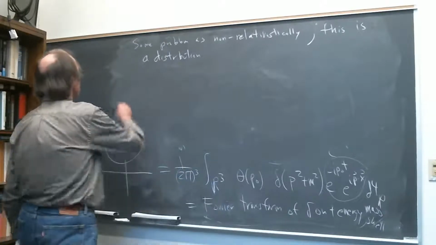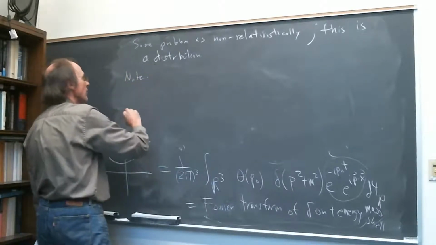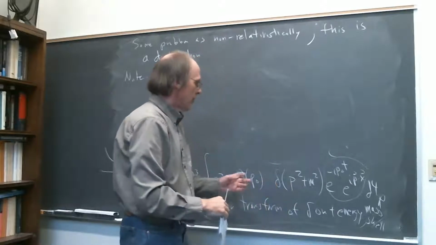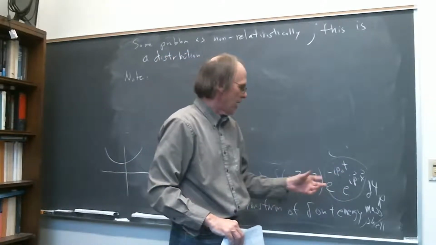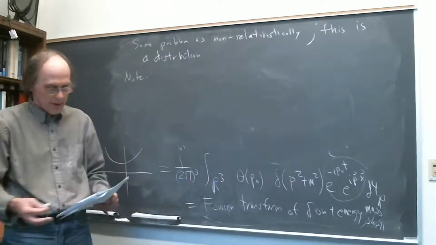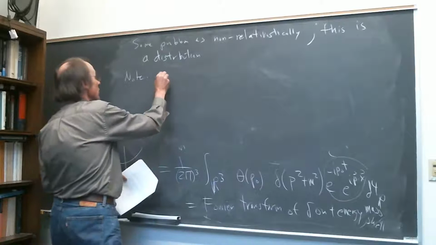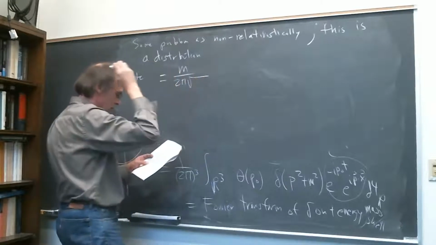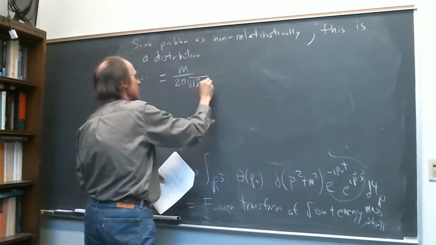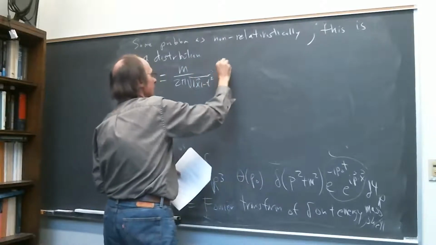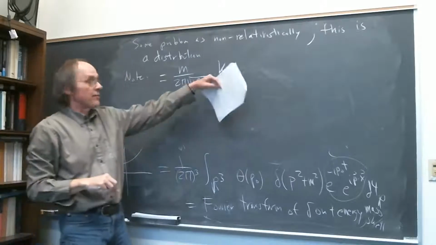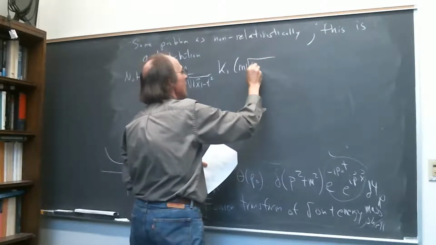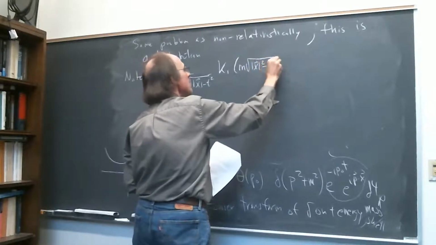You can do some of these integrals and relate them to a certain special function, and then you end up with this being equal to m over 2 pi times the square root of x vector squared minus t squared, times K1, a modified Bessel function of some kind, of m times the square root of x vector squared minus t squared.